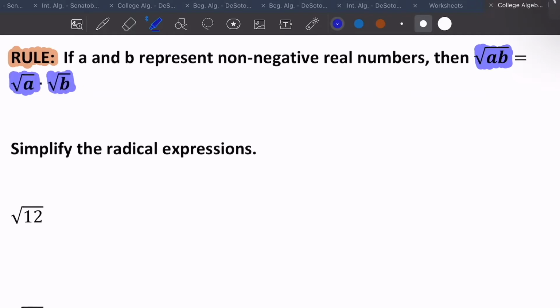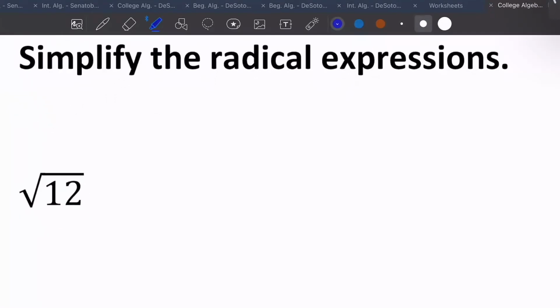So this rule comes in handy when I give you something like the square root of 12. There's nothing in our list of squares that helps us out. We don't have anything that is a perfect square, nothing that when we take the square root of it is going to give us a whole number. But we do have factors of 12.